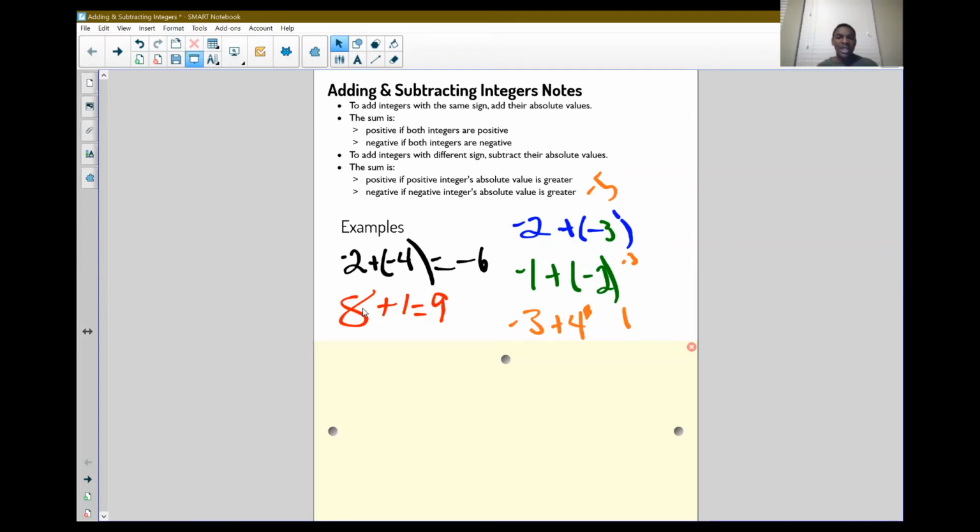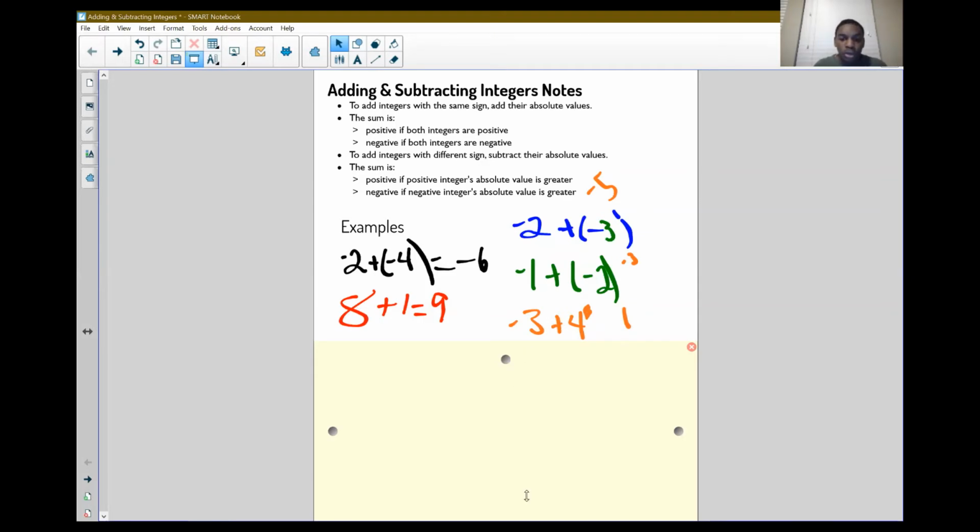Now the sum is negative if both integers are negative. So for instance, right here, negative 2 plus negative 4 equals negative 6. It's like you're adding first and then carrying the negative over, which I'm going to show you in just a second.